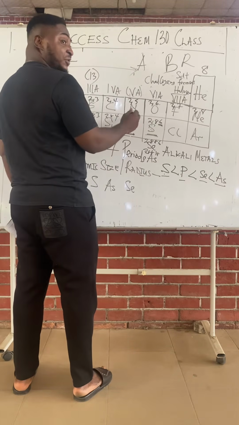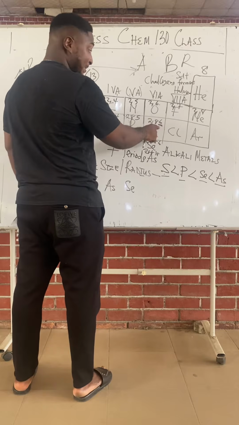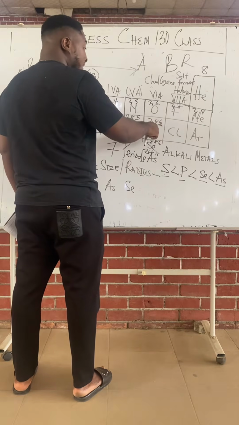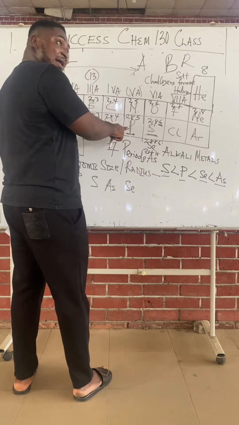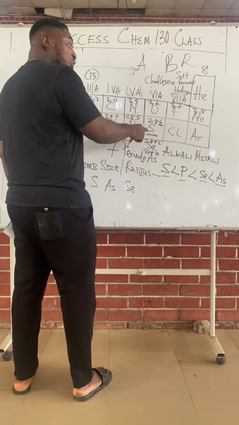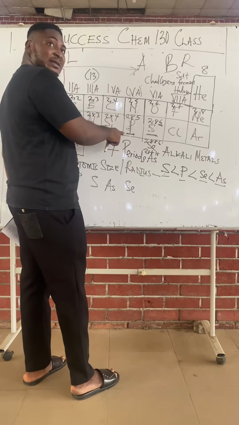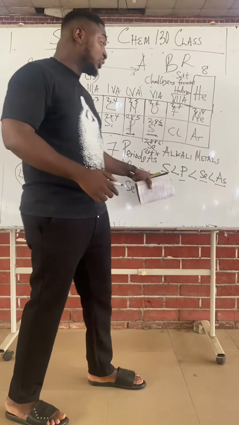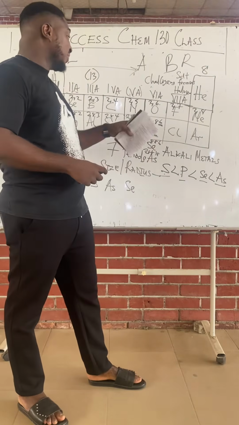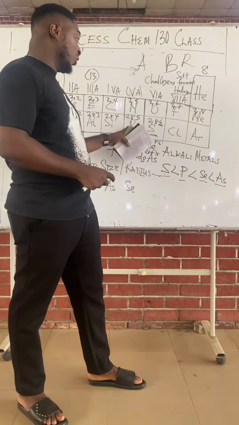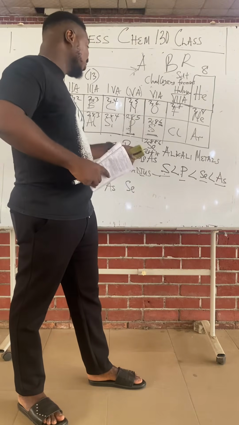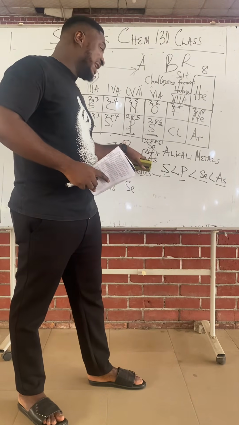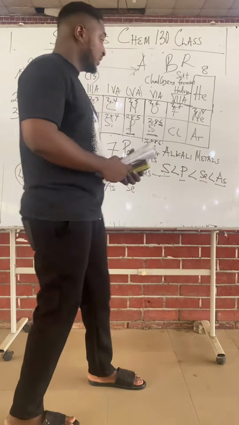Even if they have the same number of shells, sulfur has more, so there's more electron pull here. Therefore, phosphorus is a bigger atomic size. So sulfur is the smaller one, that's why sulfur is the one that started. In increasing order, from smallest to biggest, after sulfur is phosphorus, and after phosphorus you now have this, and this one is the biggest atomic size.